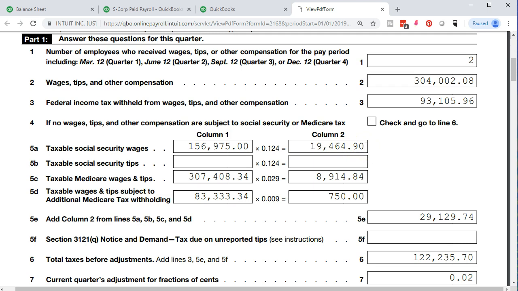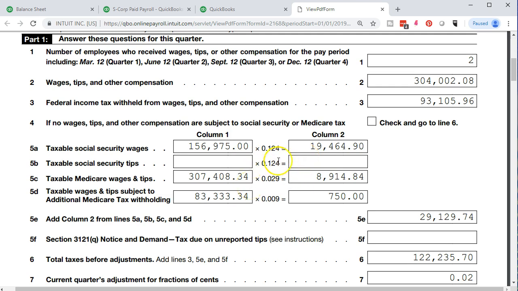So this 941 includes Social Security, Medicare, and federal income taxes, both employer and employee portion. That means this number up here is federal income tax, employee taxes. This number here is wages for Social Security, both employer and employee, multiplied by a rate, which is twice the employee or employer rate, to give us the actual tax for employer and employee.